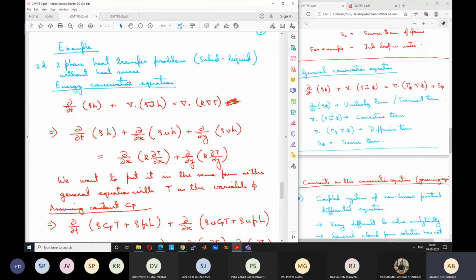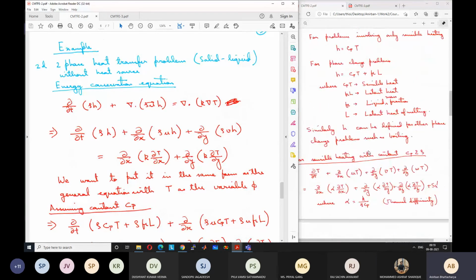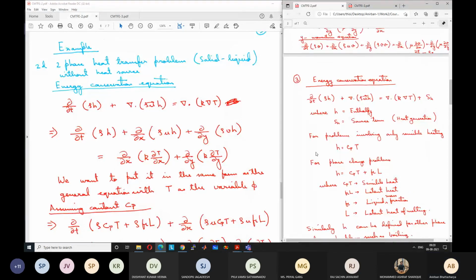Within the domain, there is no heat source. If we look at the conservation equation, because it is a phase change problem, we cannot take only the sensible heat; we have to take the latent heat also, because for the same temperature the liquid will have higher energy as compared to the solid. So as a result, we have to take the latent heat.